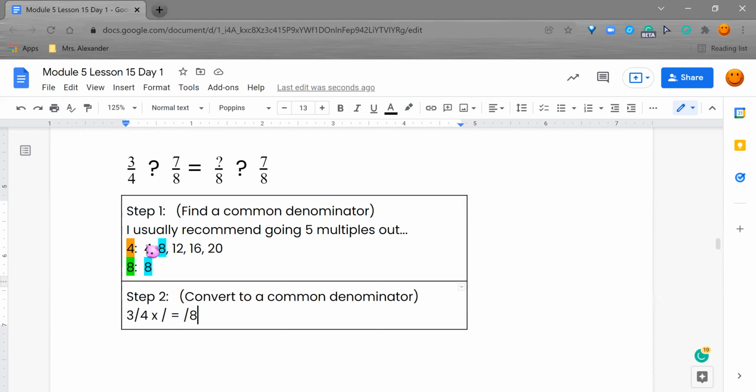If you don't know, you go up here and count 1, 2, because remember, up here is just skip counting or writing our multiples. Either way you look at it. And what I do to the denominator, I need to do to the numerator, you guys. So now we do 3 times 2 is, yes, 6. So right up here in my numerator, I write a 6. Which is bigger, 6 or 7? Yes, it is 7. So that means 7/8 is bigger than 3/4.